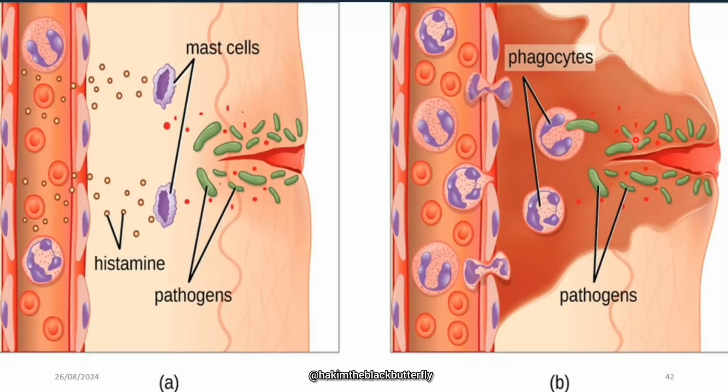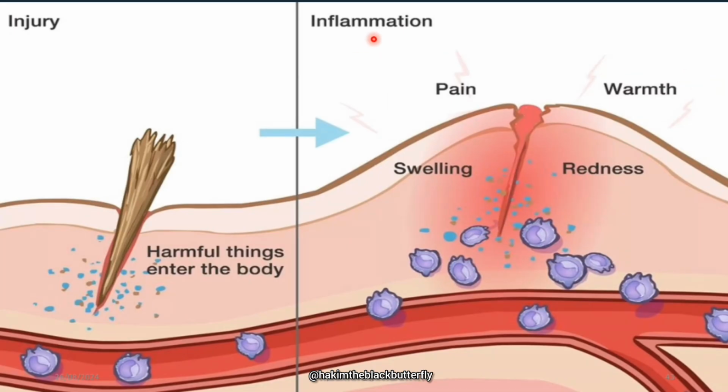So what you're seeing here is that at the site of injury, there's going to be some swelling. At the site of injury, there's going to be some redness, okay? All these are cardinal signs of what we call inflammation. Inflammation is the normal body's response towards an injury, and it's part of the healing process.